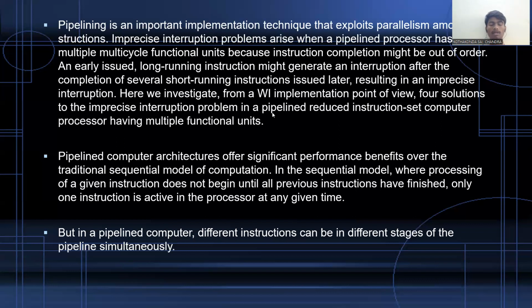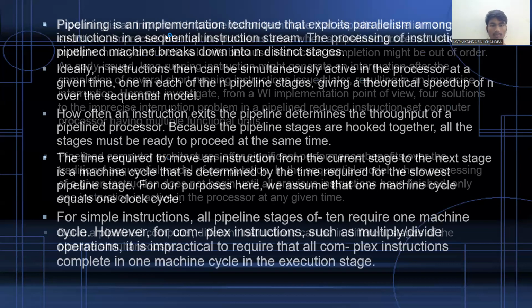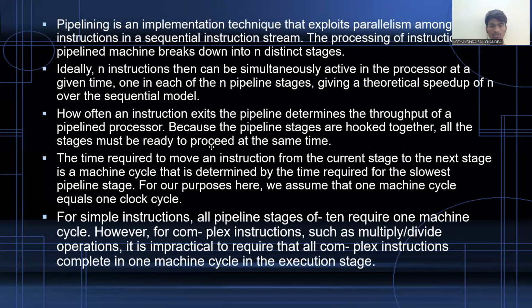But in a pipeline computer, different instructions can be in different stages of the pipeline simultaneously. So pipelining is an implementation technique that exploits the parallelism among the instructions in a sequential instruction stream.